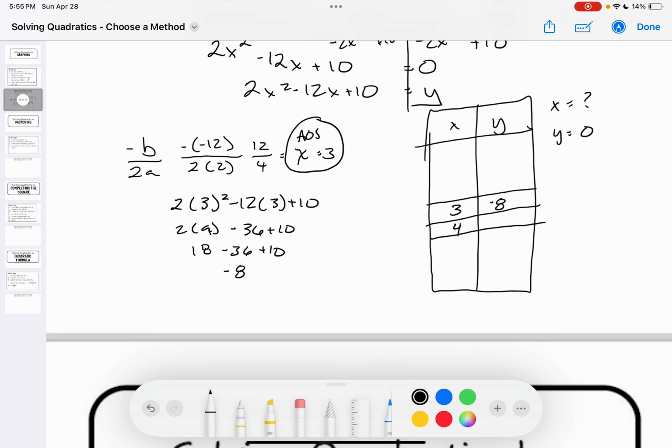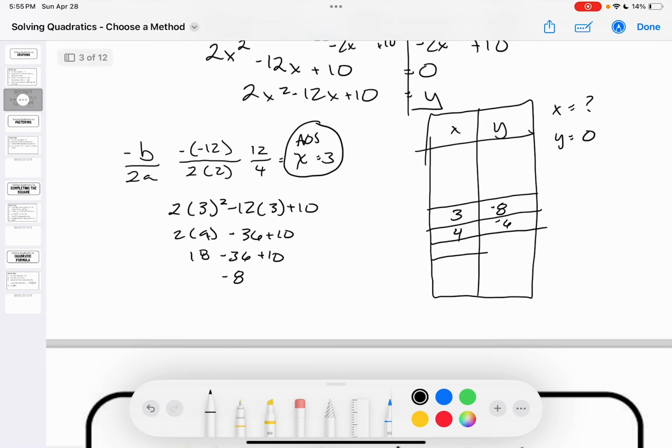And to be honest, the easiest way to do that is to grab your graphing calculator, type in 2x squared minus 12x plus 10 into the y equals, go second table, and we'll get values. 4 goes with negative 6, 5 goes with 0, 6 goes with 10, and if I work the other way, 2 is negative 6, 1 is 0, 0 is 10.